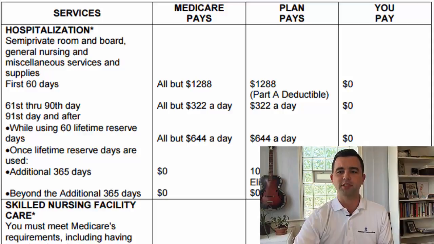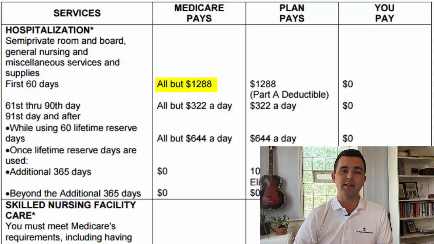So let's look first at the hospitalization part of Medicare Part A. It says here for the first 60 days, Medicare will pay all but $1,288. That's the Part A deductible. Then for days 61 through 90, Medicare pays all but $322 per day.